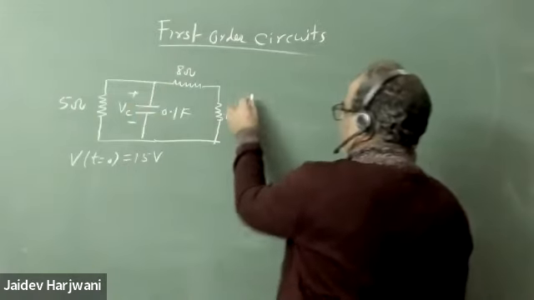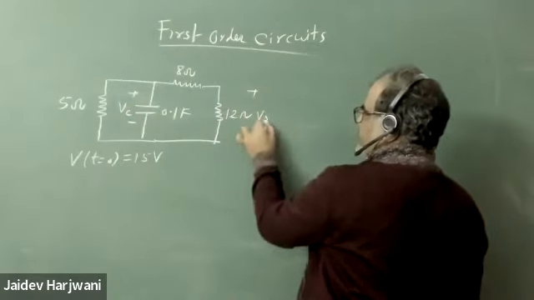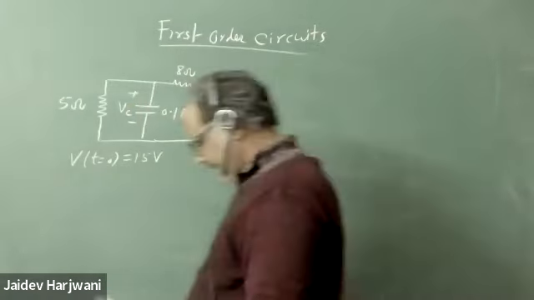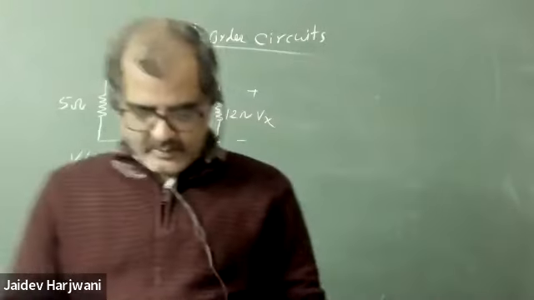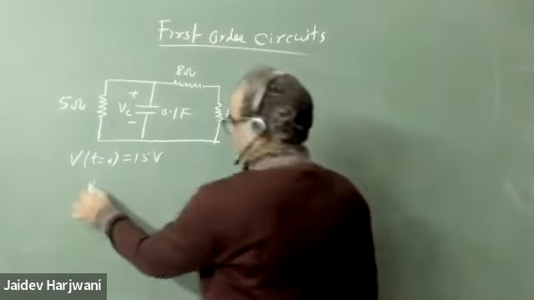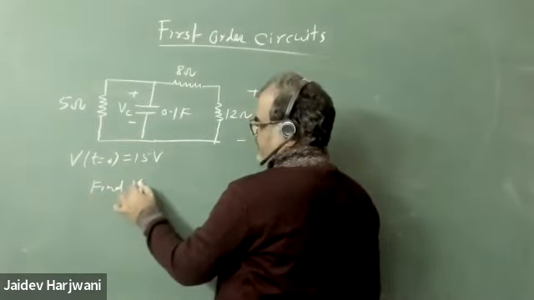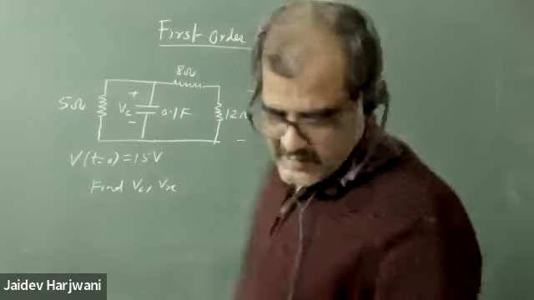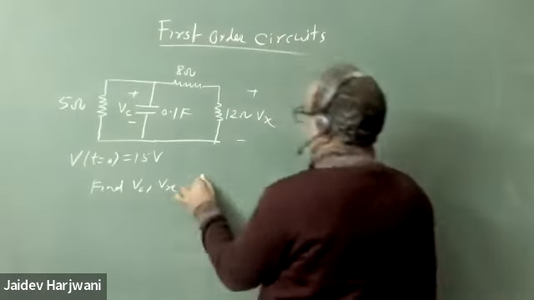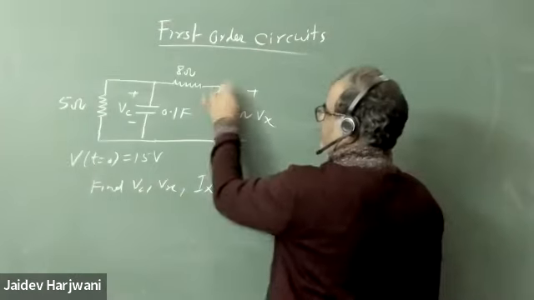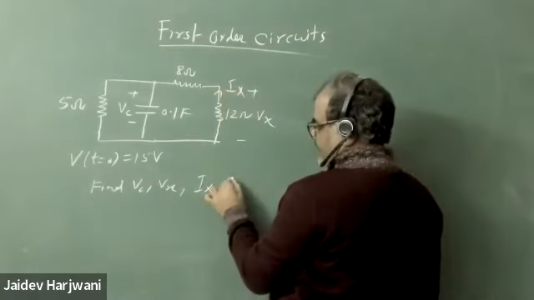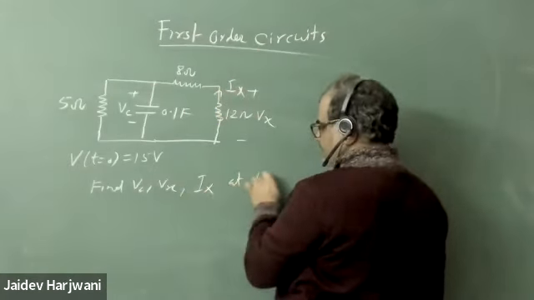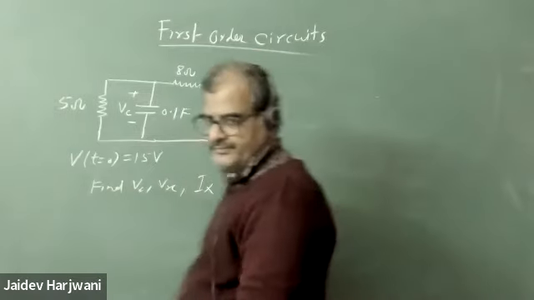You're asking what is VC at a later time t, and they are also asking what is Vx. So we need to find VC, Vx, and they're also asking Ix. Ix means current flowing through this resistance, at t greater than 0.